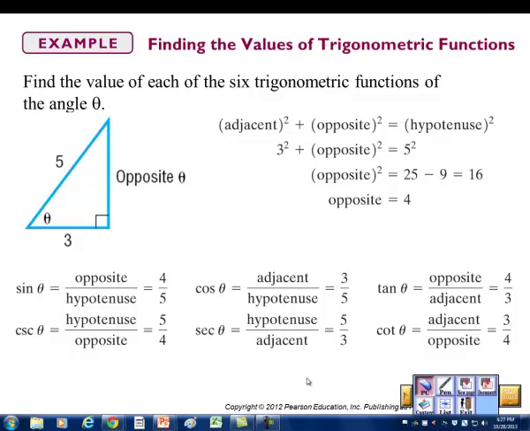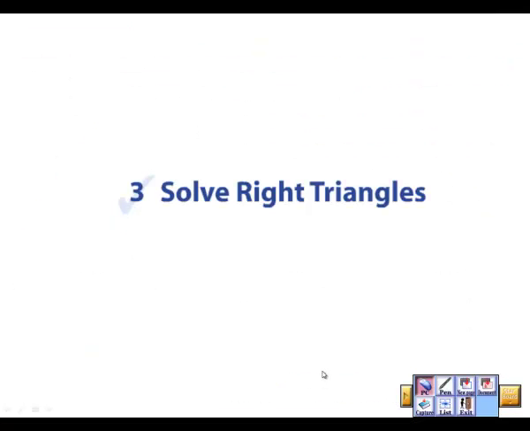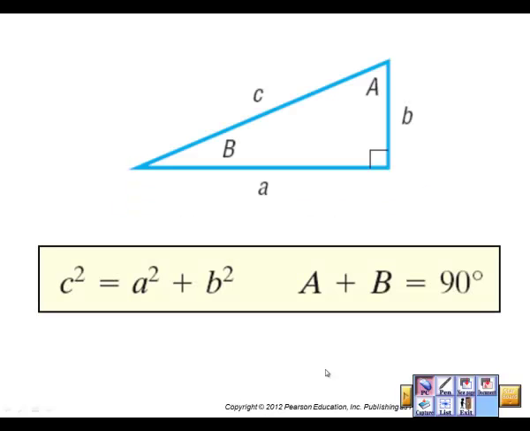Okay, and so let's take a look, and we want to solve for right triangles. With this, we have the Pythagorean theorem to find the third side of a right triangle. But to find the third angle of a right triangle, we know that all 3 angles add up to 180 degrees.